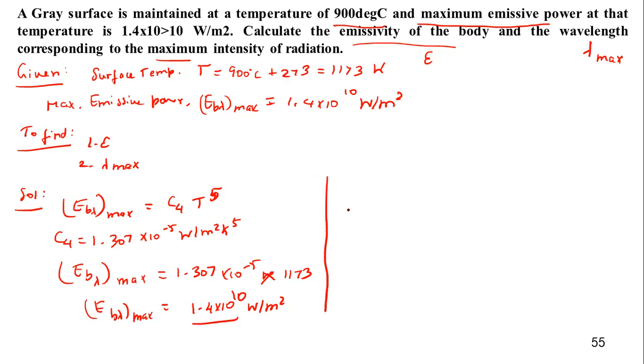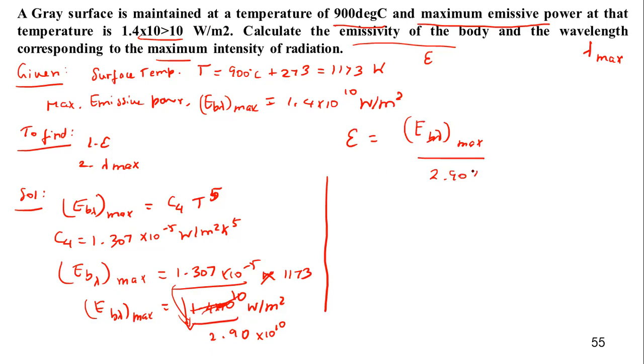Next we find the emissivity. Emissivity is the ratio of E_b lambda max given in the problem to the maximum emissive power of the black body. We solve the equation and get 2.90 into 10 power 10. So the given value, 1.4 into 10 power 10, divided by 2.9 into 10 power 10, gives the emissivity, 0.48.